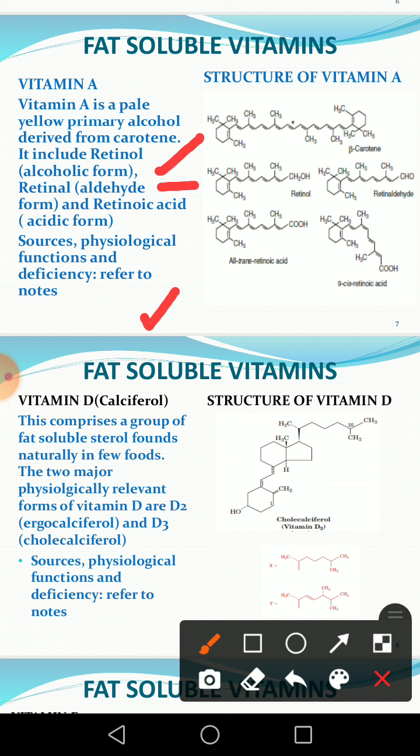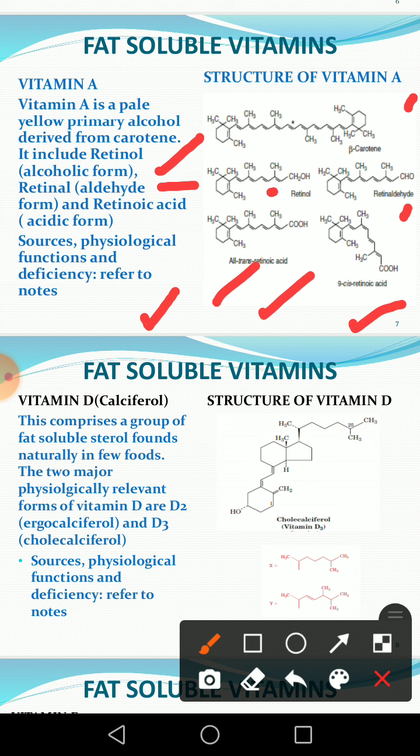Structure of vitamin A is given in the diagram. Look towards this. This is beta carotene. This is retinol. This is retinaldehyde and cis retinoic acid and trans retinoic acid.